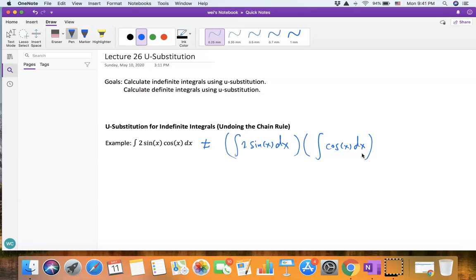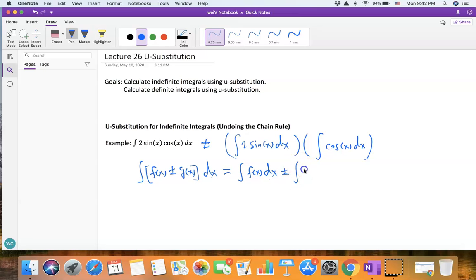We have a sum and difference rule, which means if we have an integral of a sum or difference of two functions, then we can split this into two integrals.